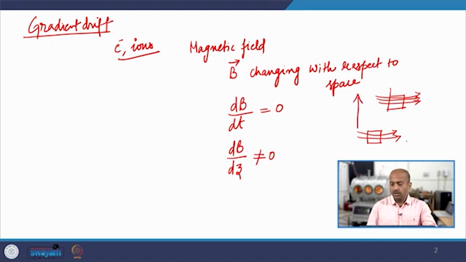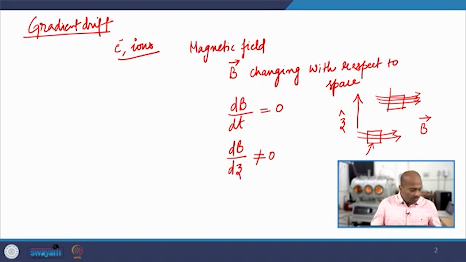So, you see this in this example that I have drawn. If you have taken this to be a unit surface area, there are two magnetic flux lines which are passing, and if you are going along this z direction, you will see more flux lines are passing through this unit surface area. So, since the magnetic field is defined as the flux per unit area, we can say that the flux is increasing, or the magnetic field strength is increasing.